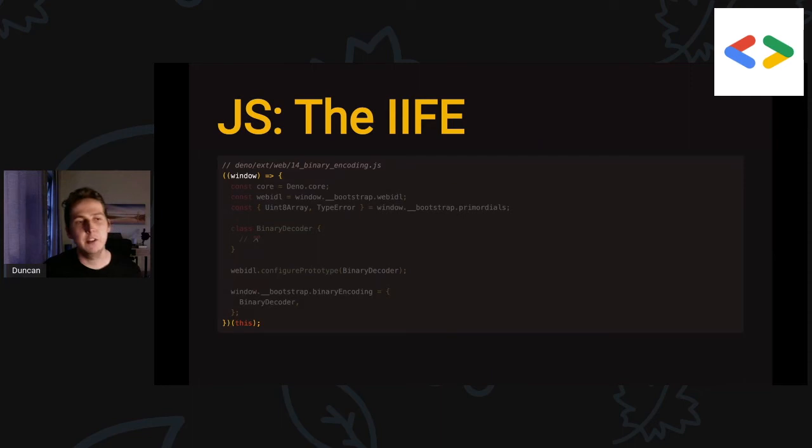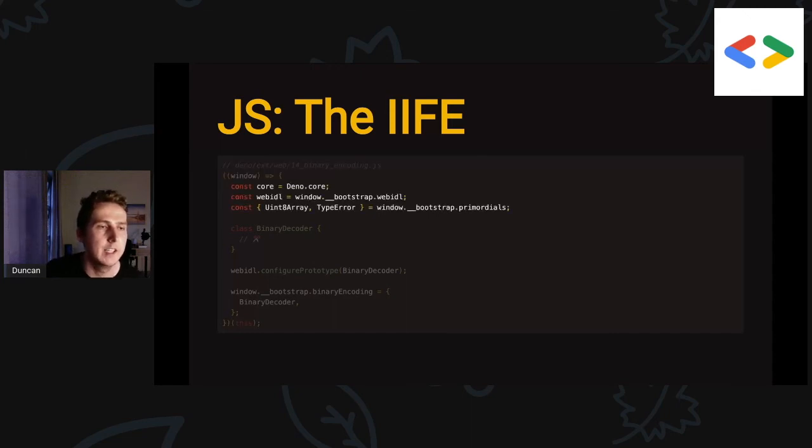All right, now we're on the JS side of things. So if you thought this was only going to be Rust, then I'm very sorry. So yeah, this is the immediately invoked function expression that is in our newly created JS file. So when this gets loaded into the runtime, it will immediately execute and declare our classes and make sure that everything's defined for usage when we actually run Deno.